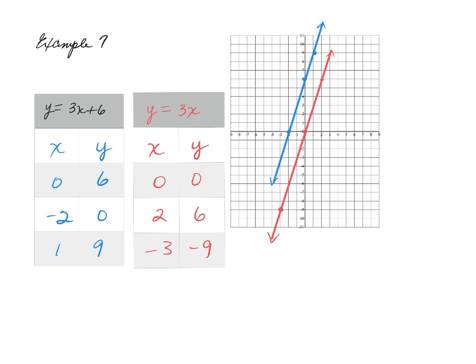So I just drew these lines. Now, what do you notice about these two lines, other than one is pink and one is blue? Did you notice that the slant of these two lines is equal? They both have the same incline, which means they are parallel to each other. Now, what's different about them relates to the equation. One is y equals 3x. This one is y equals 3x plus 6.